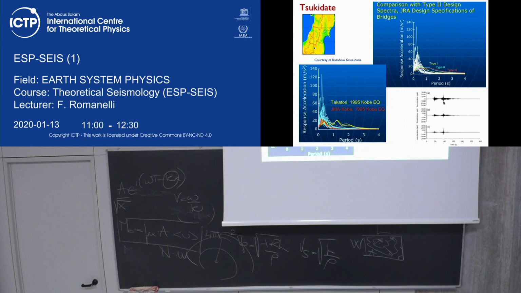Actually, this very large acceleration is occurring at very high frequencies. So if you're dealing with a nuclear power plant or some important relevant buildings where also the plants are important, some valves, some tiny details, that could be important.